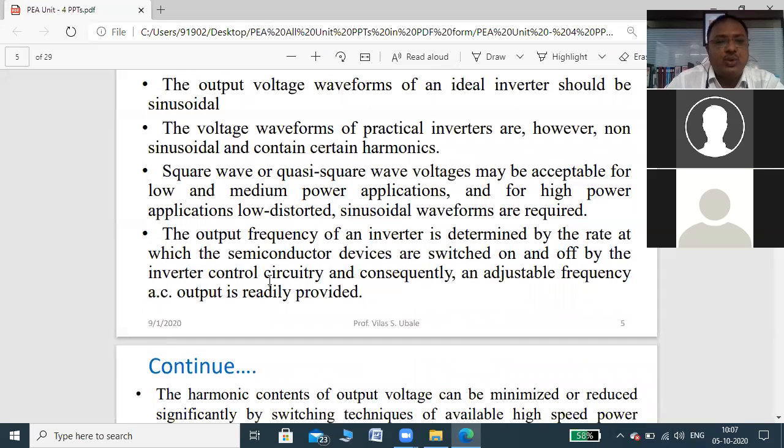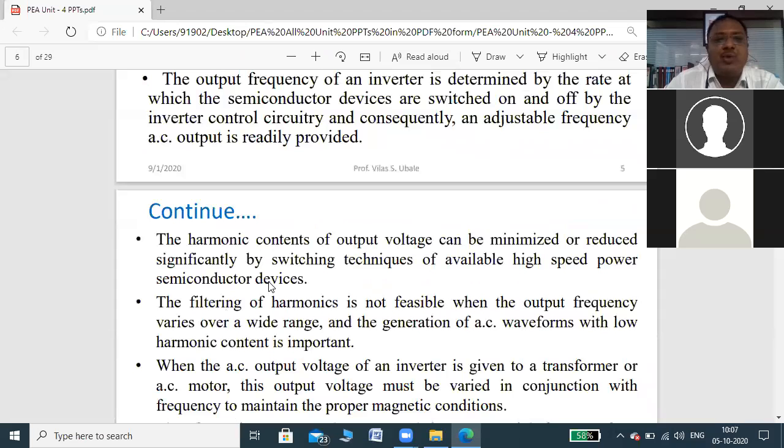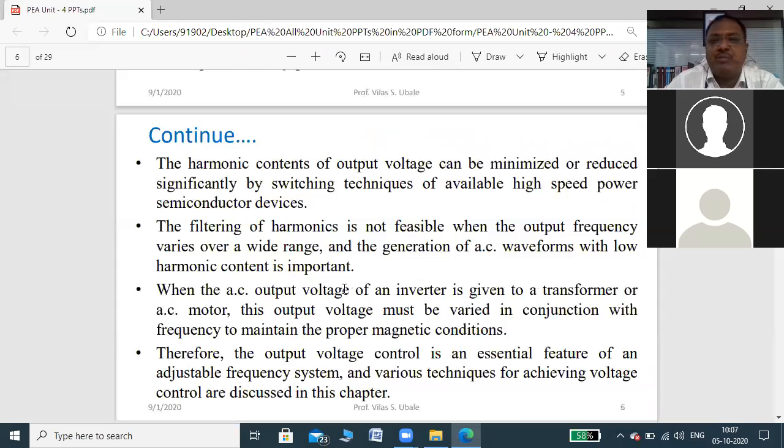Next, the harmonic contents of the output voltage can be minimized or reduced significantly by switching techniques of the available high speed power semiconductor devices. You can have different techniques so that we can significantly reduce the harmonic components, and even by using filter circuits, which reduce the harmonic components, right?